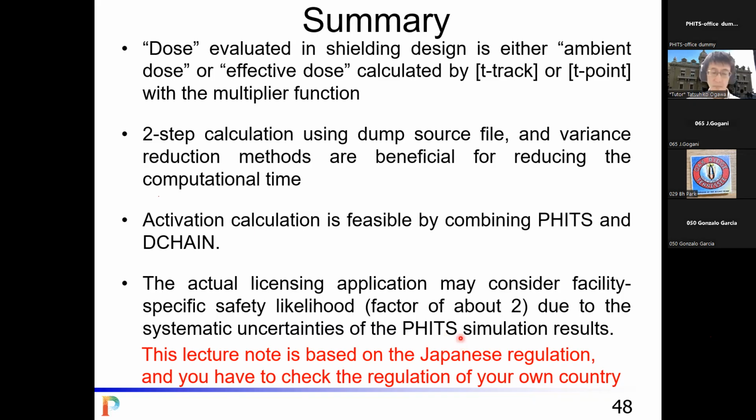To reduce systematic uncertainty, you can, for example, benchmark PHITS or use other codes for cross comparison. Due to such systematic uncertainty, you need to take into account a certain safety factor, which is about a factor of 2, 3, or sometimes a factor of 10. I would suggest making sure what the safety factor of the radiation regulation authority of your country is if you use these approaches in your actual work.